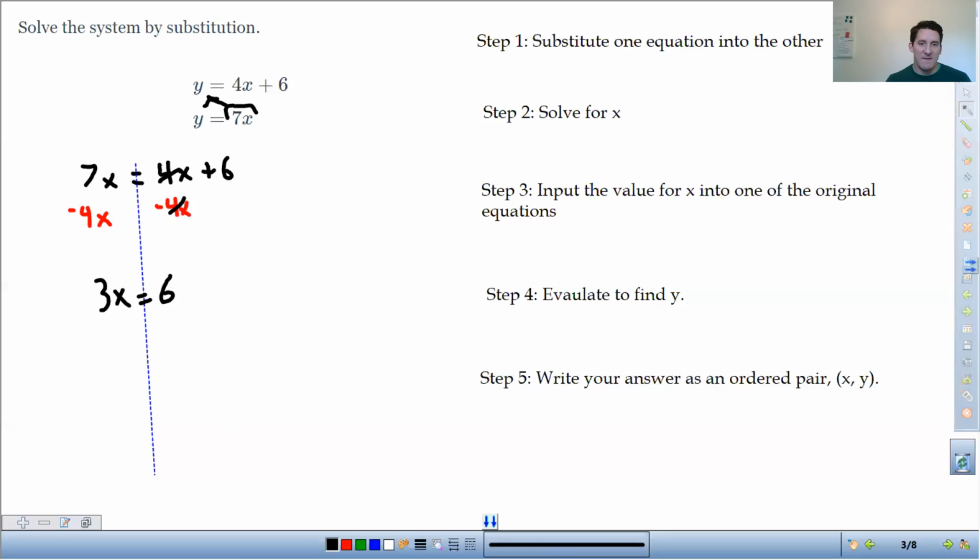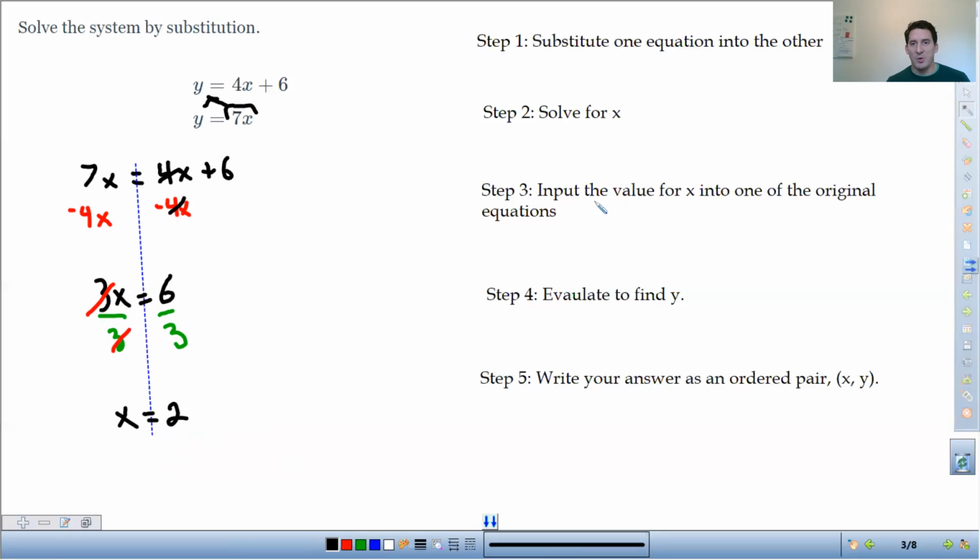And then finish solving for x. I'm going to divide both sides by 3. 3 divided by 3 cancels out. I get x is equal to 2. So there we go, we solved for x.